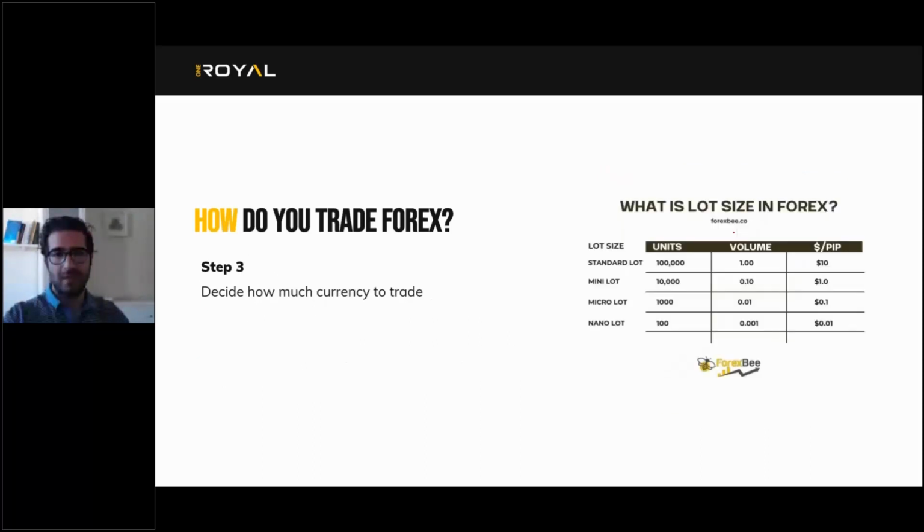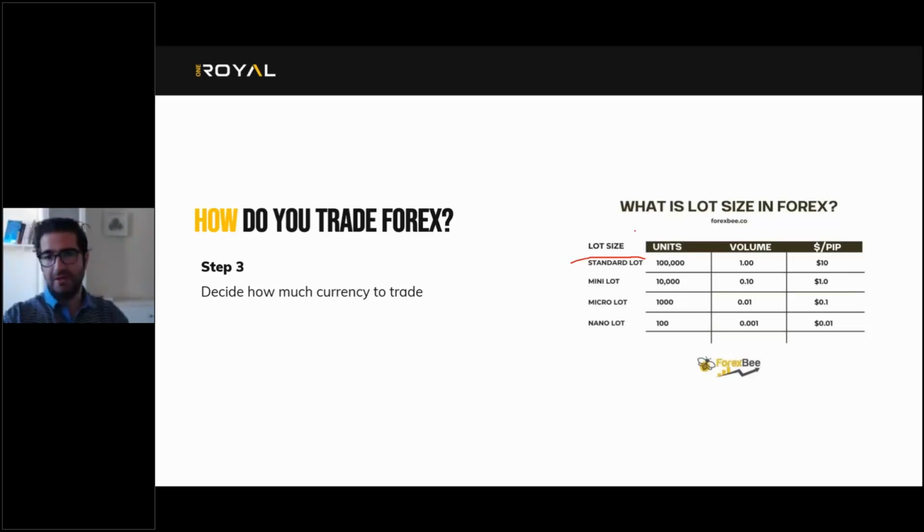Step 3 is deciding how much currency you need to trade. Here you will decide the position size or how much you want to risk. When you open MT4, you will see that each standard lot is 100,000 units. If you have a standard account, each lot is 100,000.